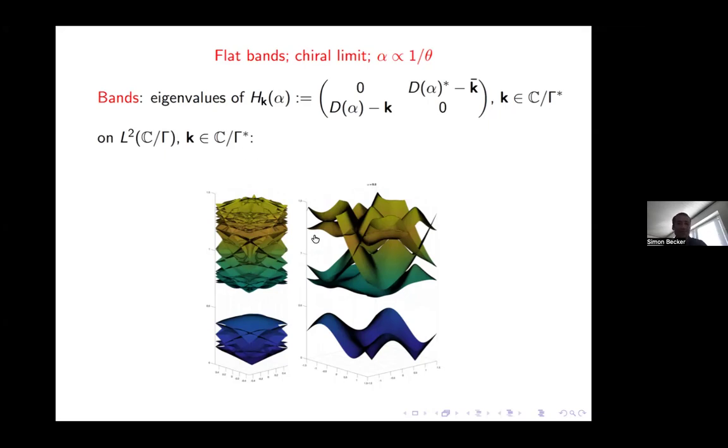I just want to show you now the basic effect, where I show you the band structure. What this means is that I'm plotting the eigenvalues of this Hamiltonian parameterized by this parameter K. Just to illustrate this, I've taken a square, unit size fundamental domain. Since this Hamiltonian has this off-diagonal form, its spectrum is symmetric with respect to zero, so what I'm showing you is the spectrum in the positive real numbers.